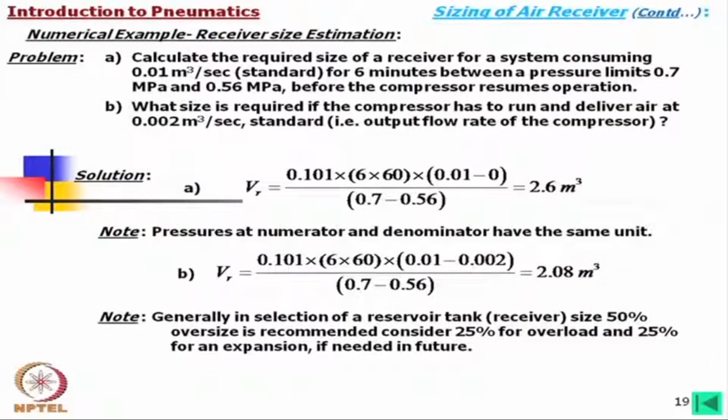And usually what happens after setting up, you may need to add 1 or 2 more equipment with that. So, another 25%. Whatever capacity is wanted for an industry, usually if it is in the beginning stage, considering that is the 50% requirement, we usually consider 100%, and then we design the compressor.